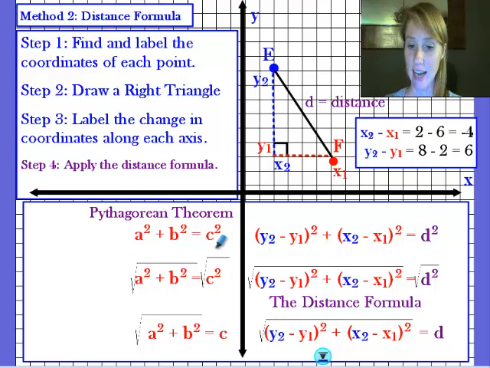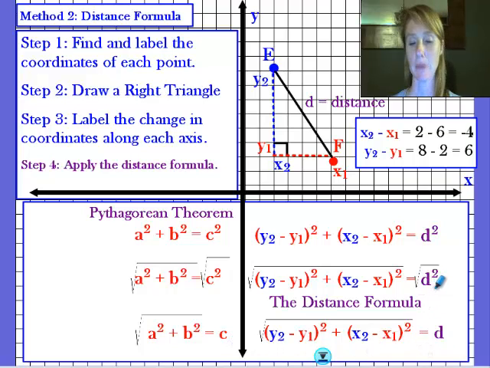And then C, I've replaced with D, or distance, the distance between the 2 points E and F in this case. Okay, so what I'm doing now is just manipulating the equation to get to D. Like we did in the Pythagorean theorem, I just wanted to find C, and in the distance formula, I just want to find D.